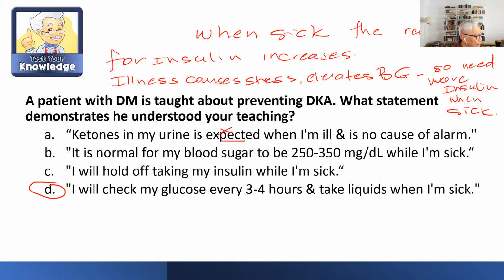No, it should not be expected. It is normal for my blood sugar to be 250 to 300 while I'm sick? It is not going to be normal, so you have to increase insulin. I will hold off taking insulin while I'm sick? That also is incorrect. Okay, so that is it.